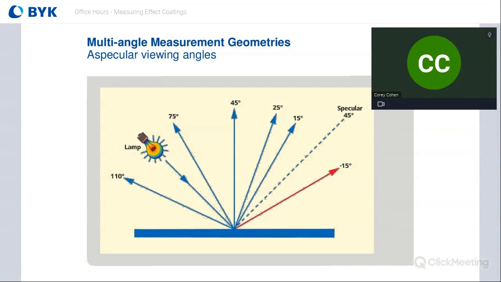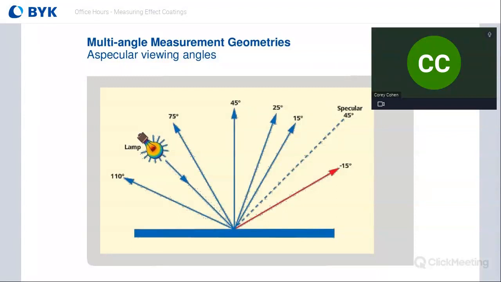So because these effect pigments have a different effect based on the viewing angle, it's necessary to measure them at multiple angles. So this is representative of the setup for a multi-angle color instrument where you have a light source, the light coming from one direction, so it's a directional light source, and then the measurement is done at multiple angles to capture the color change effect, either the color flop effect, which is where the color changes depending on viewing angle, or the light dark flop effect, which is where the apparent lightness of the surface changes depending on viewing angle.